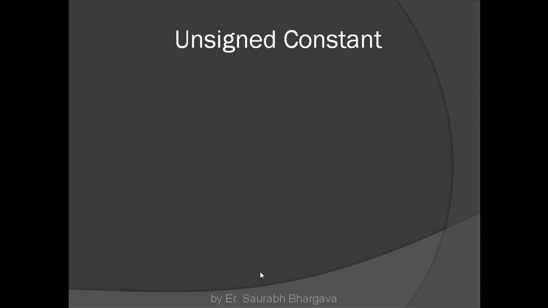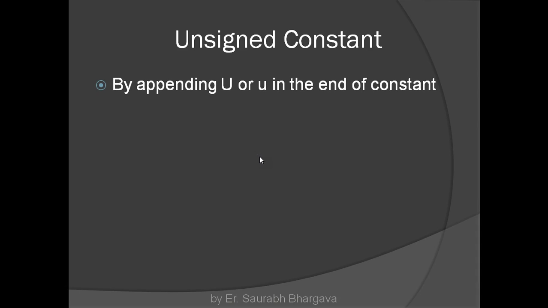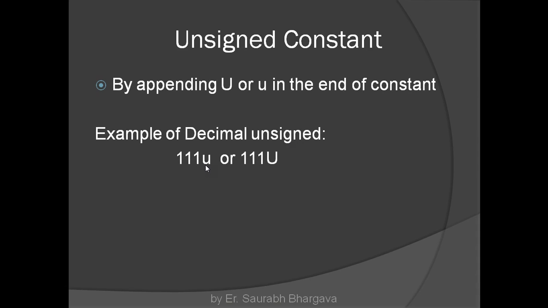Unsigned constant. By appending u, uppercase or lowercase, at the end of a constant. Some examples of decimal unsigned. If we append u at the end of the constant, it becomes unsigned.